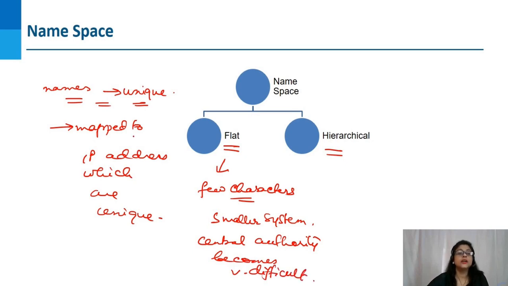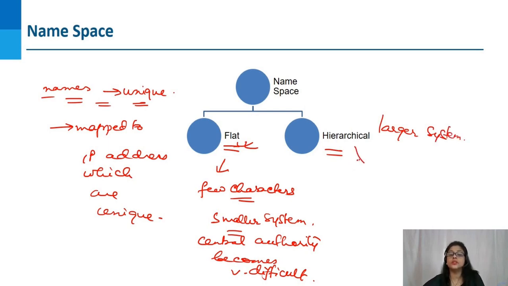So if the system is small, you have a smaller number of names, so it is possible to use the flat system of namespace. But for a larger system, we go for hierarchical namespace. This hierarchical structure actually consists of several levels.